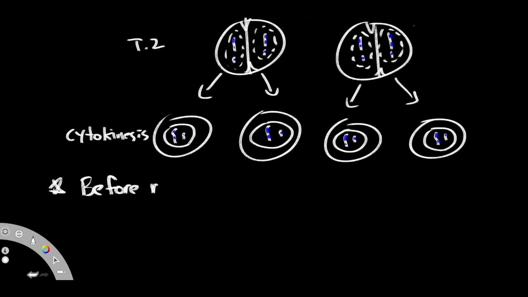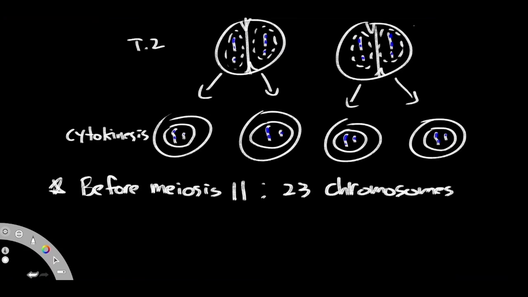So remember, before meiosis 2, we had 23 chromosomes. It was a haploid, remember? But remember, the chromosomes look like this, like an X-shaped structure. One was big and the other one was small, and then they were already intertwined with genetic variation. But how many chromatids are there?